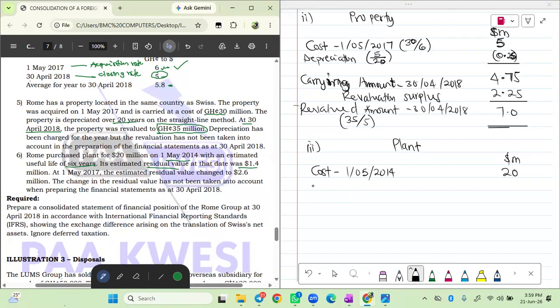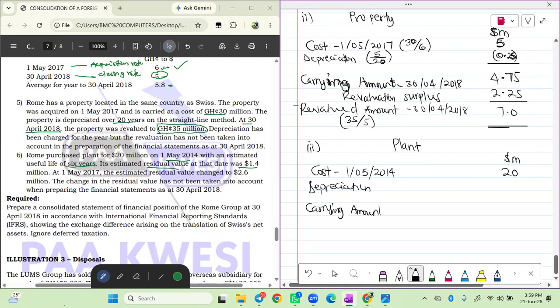So it will be like this. You calculate depreciation for a number of years, and the number of years will depend on the date. So we are determining our carrying amount as at the date that the estimated residual value changed, and it changed on 1st May 2017.